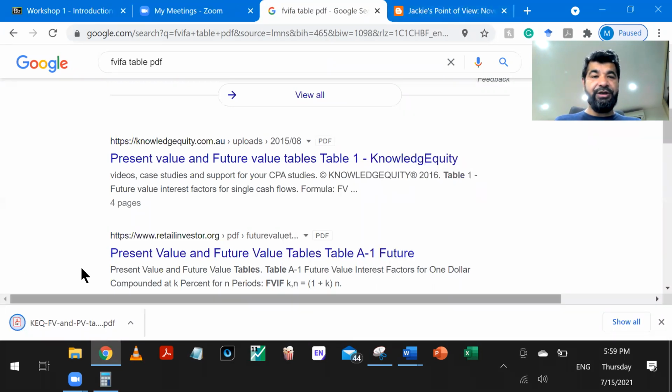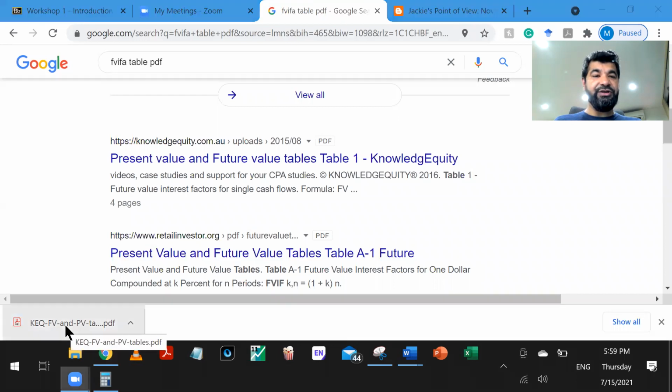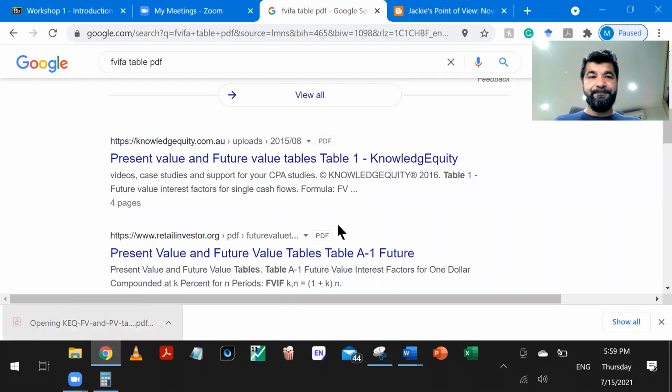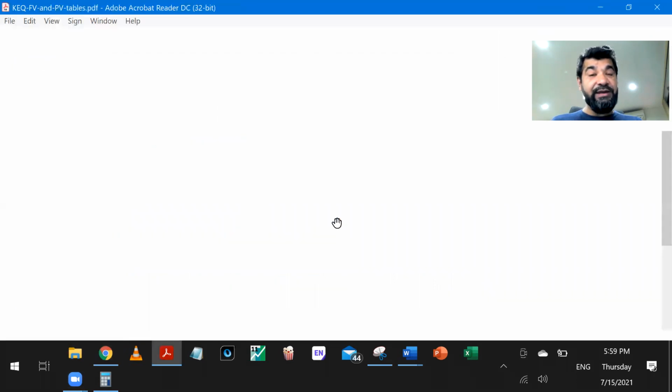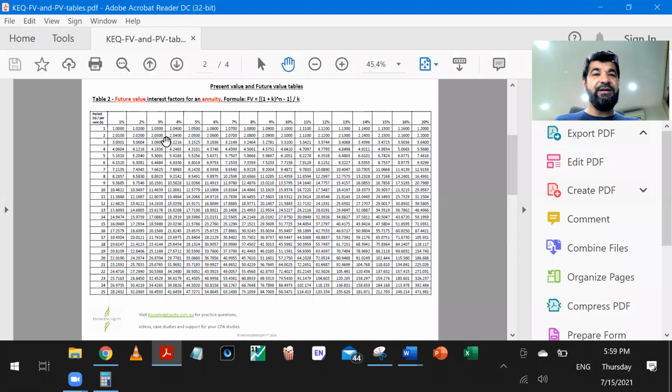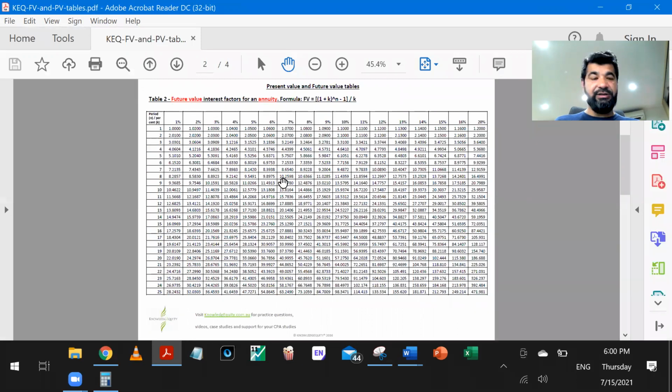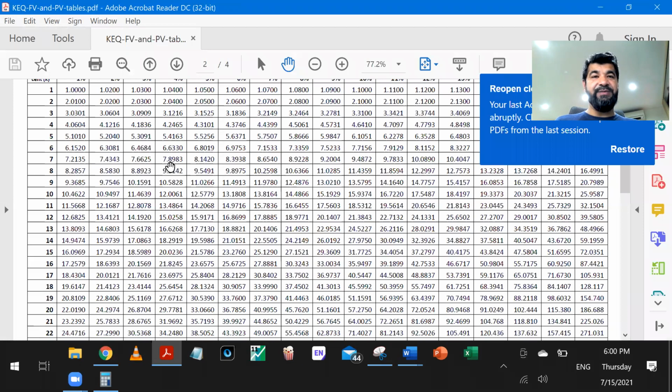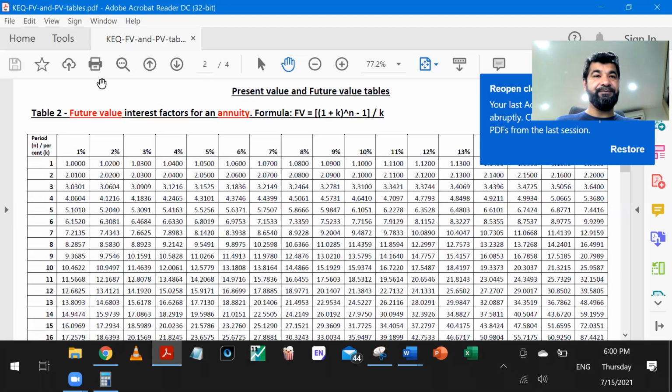Look, present value, future value is different from the present value, future value annuity table. Future value interest factor. It's not the annuity. Next page, present value interest factor for annuity. See that? So this is the table you can use. This is a better version too. It looks nicer and more clear.